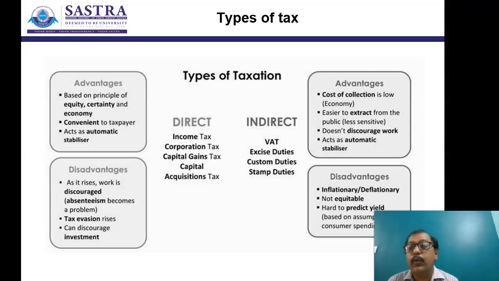And it is easier to extract from the public. It is less sensitive, in the sense it's collected along with the price of the product itself. Without knowing that we are paying taxes, we pay taxes when we look at the bill itself. So we consider it has to be paid, and we pay it.